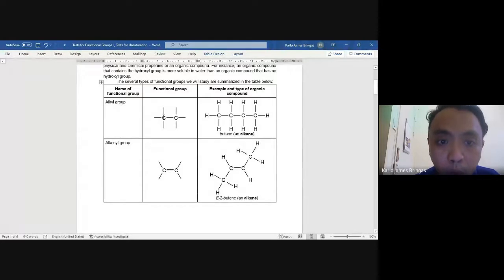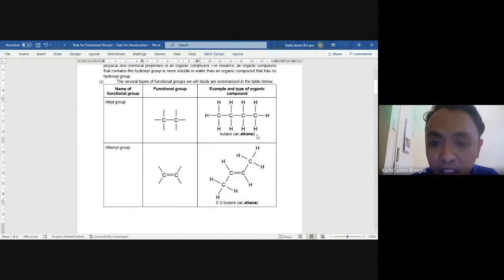So sa alkyl group, if you notice, itong carbons natin ngayon, puro sila mga single bonds lang mayroon. This carbon, right over here, puro single bond. This one is puro single bond, and this one, and finally this one. So alkanes, they are what you call as a saturated hydrocarbon.